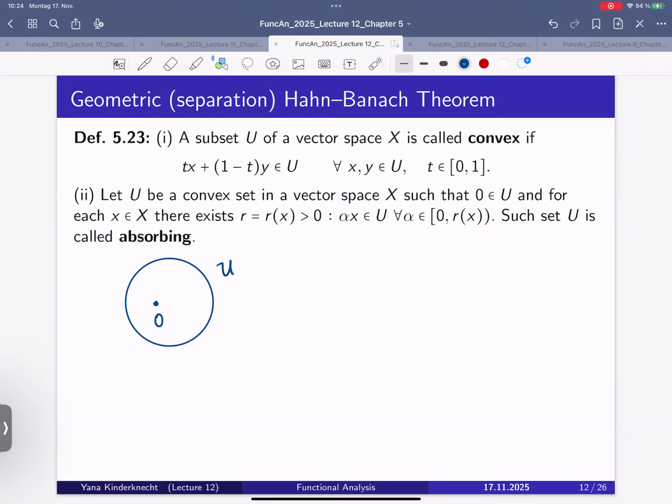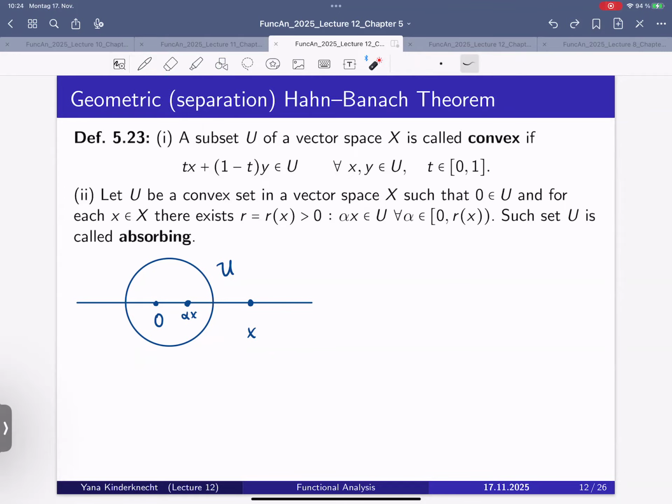So we take any x. We take a straight line. Any x. And if we multiply x with some small alpha, we obtain a point which lies already in U.